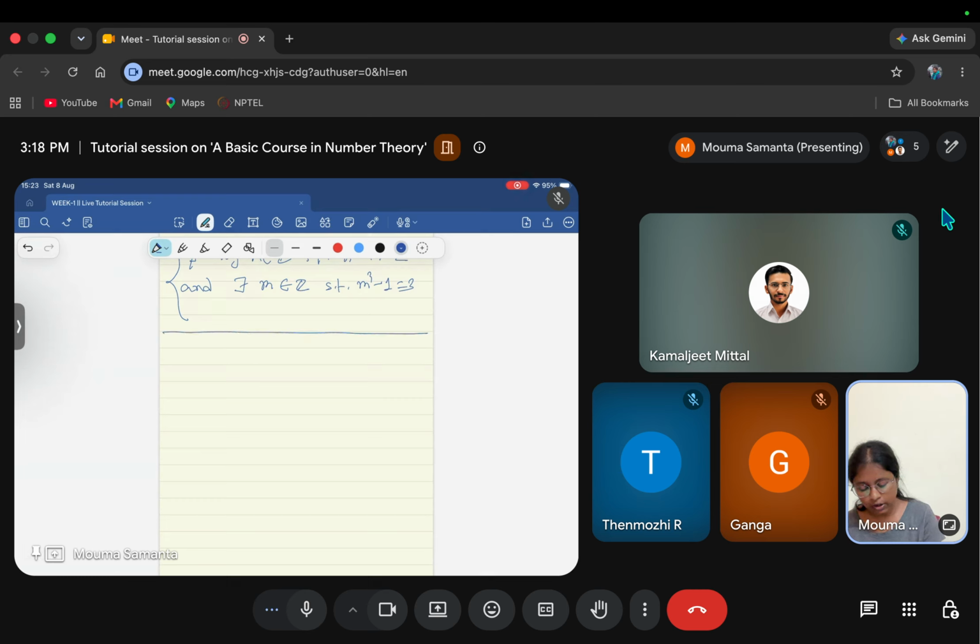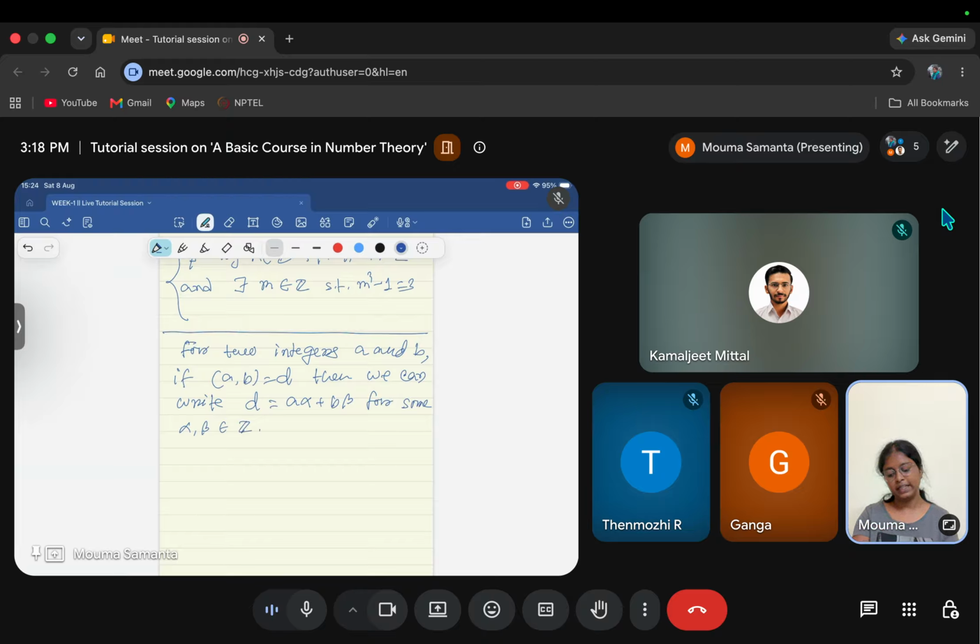We all know that for two integers a and b, if GCD of a, b equals d, then we can write d as a linear combination of a, b, that is a alpha plus b beta, for some alpha, beta belongs to Z.